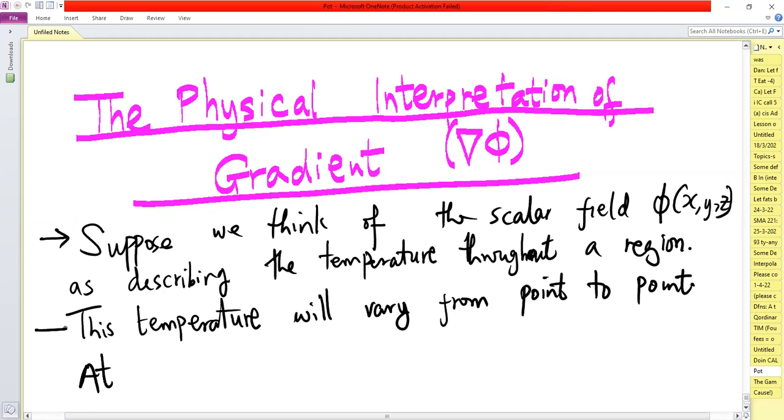So suppose that our scalar function phi describes the flow of temperature in a region, but then obviously the temperature varies from point to point within the same region.